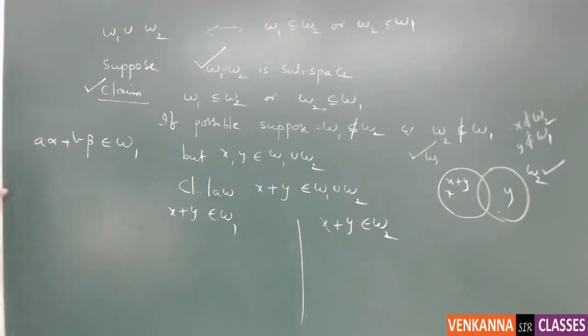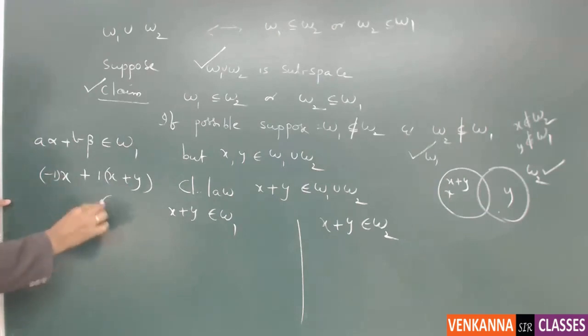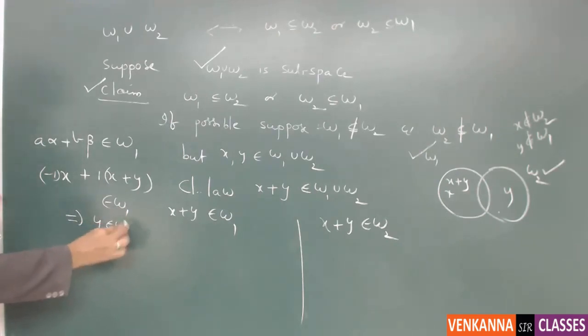So I will take alpha as X, beta as X plus Y. And I can take any kind of numbers. So I will take a as -1, b as 1. So a alpha plus b beta must belong to W1. So from this, Y must belong to W1. Is this correct?